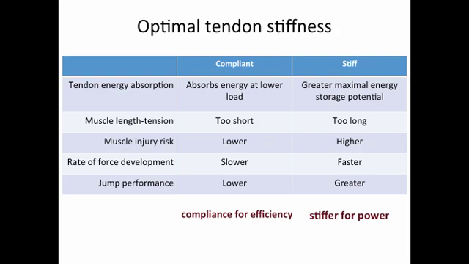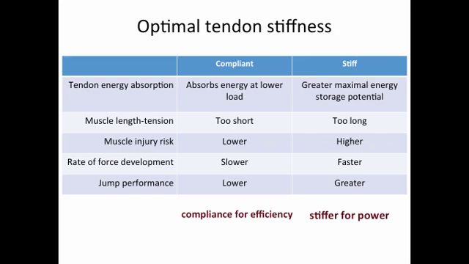If you're looking at muscle length tension, if you've got a really stiff tendon, it's going to force the muscle to stretch more. So you're going to be working in a too long range. So you may be working on the descending leg of your length tension curve. If you're looking at muscle risk, that will increase your risk of injury because your muscle clearly is going to be stretching more in eccentric load absorbing activities.